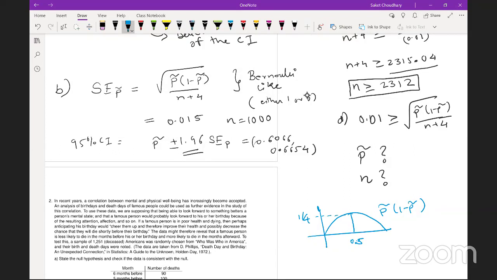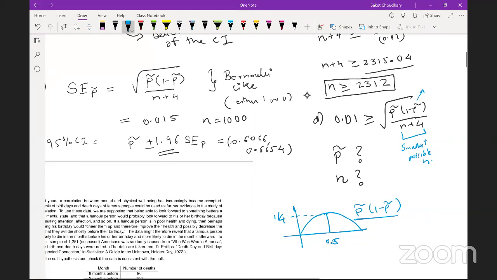Okay, so this is the maximum that you can get from multiplying these two values. Okay, and why do we care about that? Because we want the smallest estimate for n. So if you want this to be the smallest possible n, then you want correspondingly this to be the largest possible value.